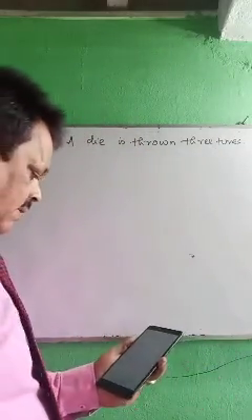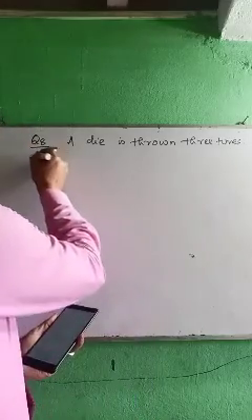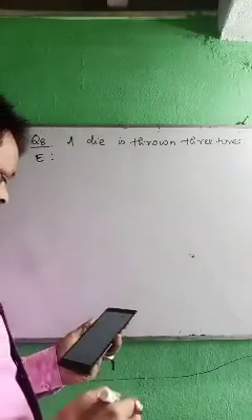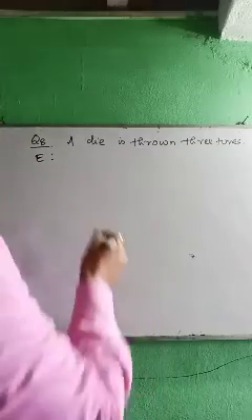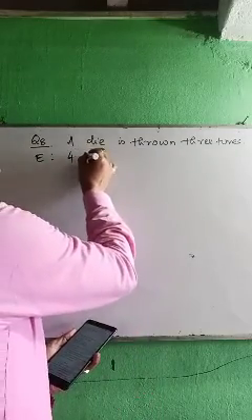Then E is the event that 4 appears on the third toss.